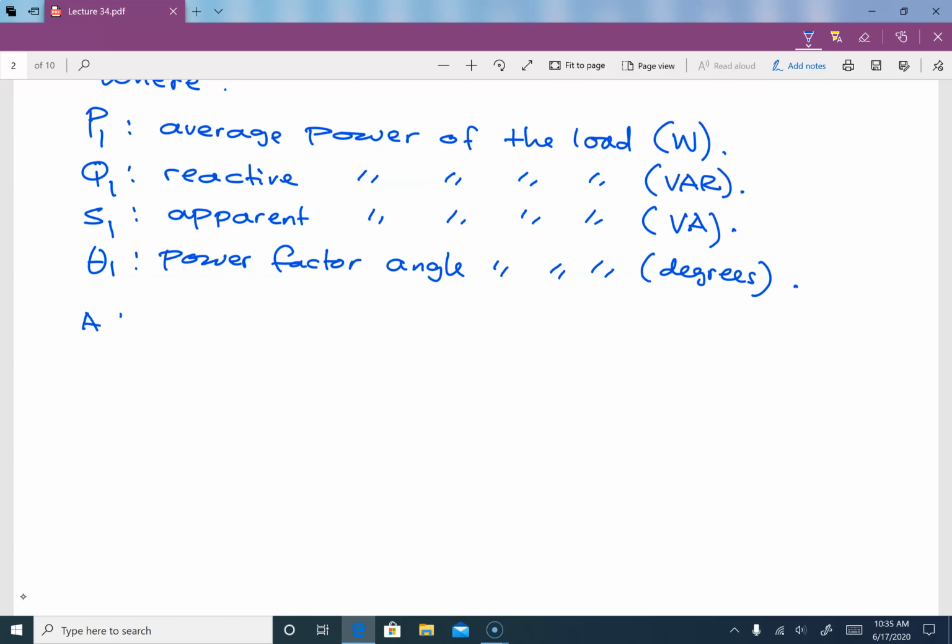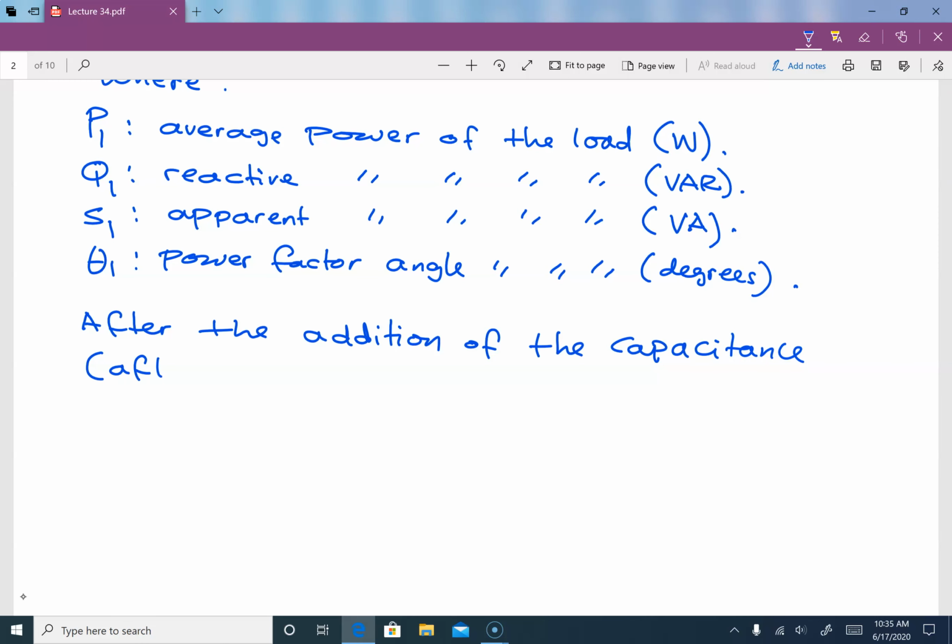So now, after the addition of the capacitance, which is after what we call compensation, we can define the following.